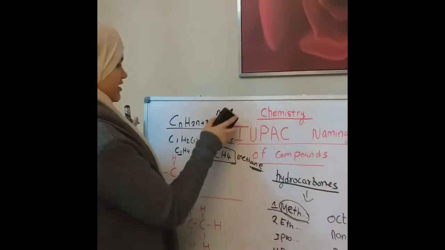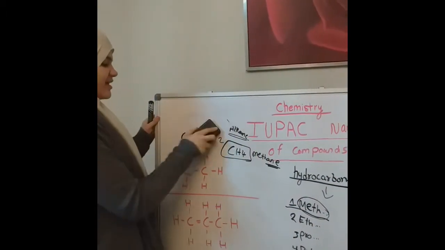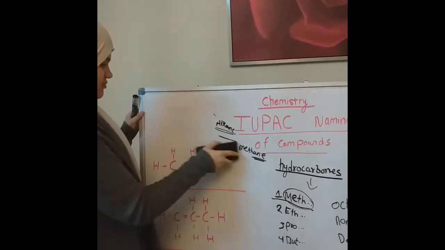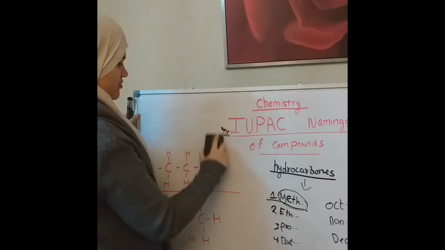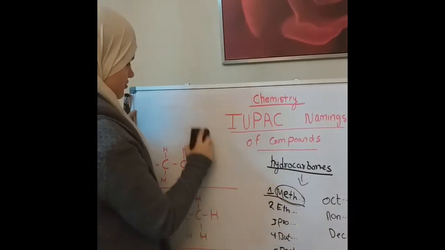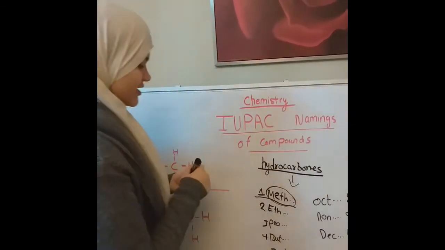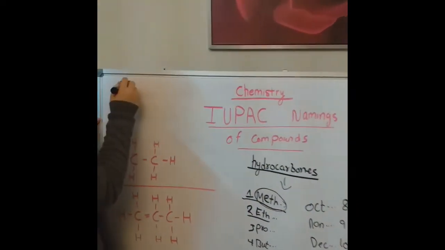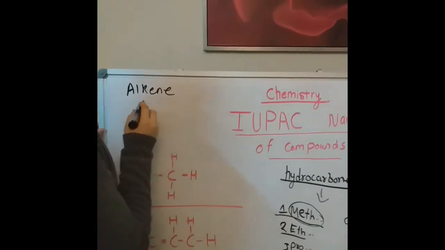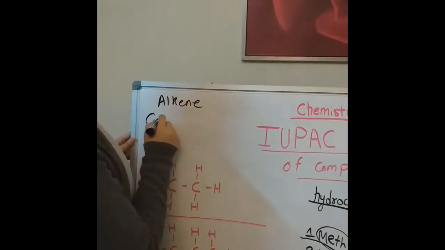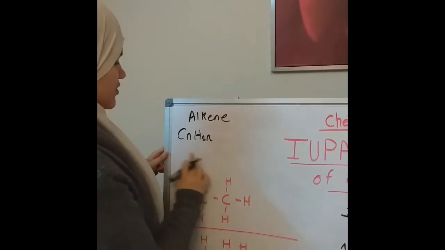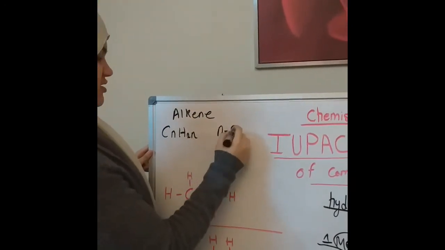I will give you another example in alkene, alkyne, and also alkyl. So let us take 2 for alkene. The formula is CnH2n only, and n we will take as 2.